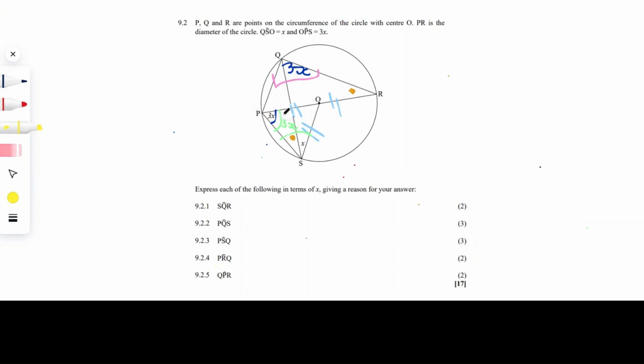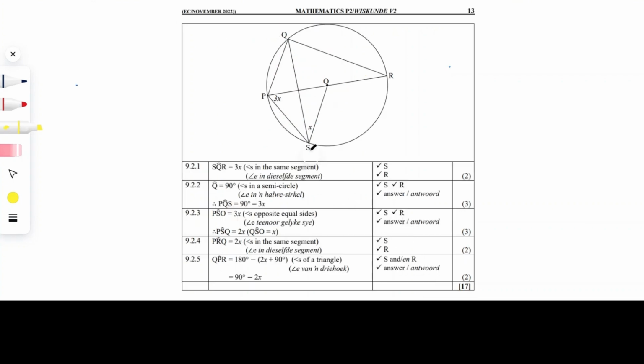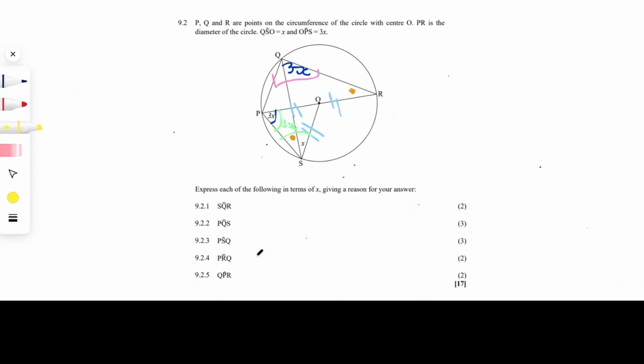Well, that's because of angles in the same segment. Please remember that it is in the exact same segment as P, okay? So that means that obviously P is going to equal Q, meaning that SQR is going to equal 3x because of angles in the same segment. Okay. And please make sure you actually annotate that onto the diagram.